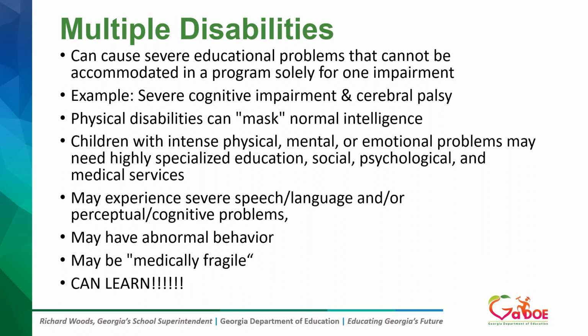Children with intense physical, mental, or emotional problems may need highly specialized education, social, psychological, and medical services. May experience severe speech, language, and or perceptual cognitive problems, may have abnormal behavior, may be medically fragile, but they absolutely can learn.